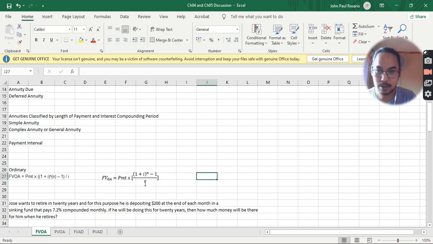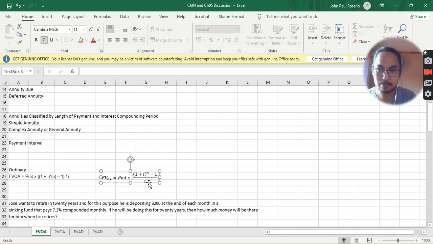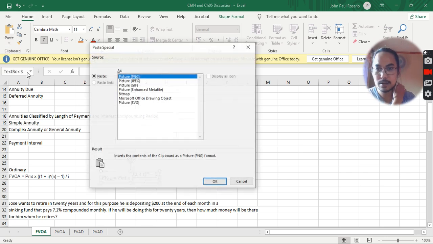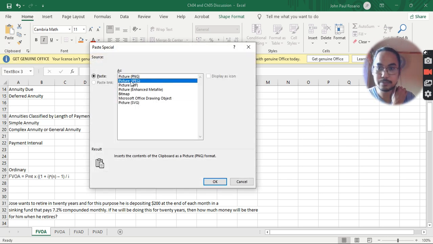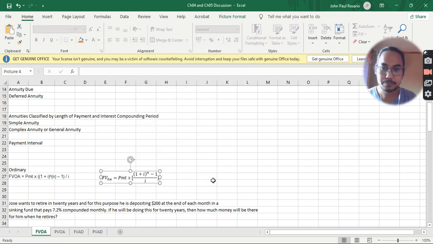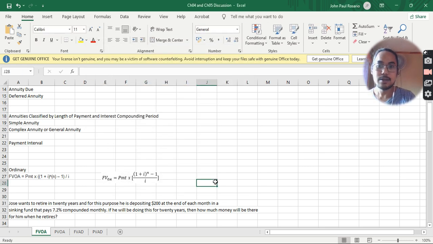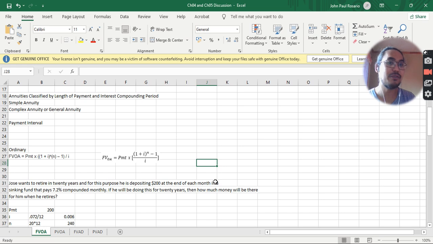Just in case it gets lost when I upload it, let's paste it as a picture. So this is now your formula for the future value of ordinary annuity.